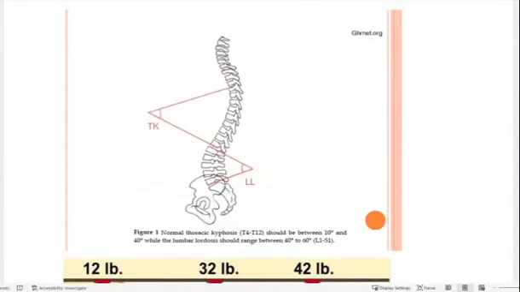Looking from the side, what do we call a normal kyphosis and a normal lordosis? This is the commonly referred angle.